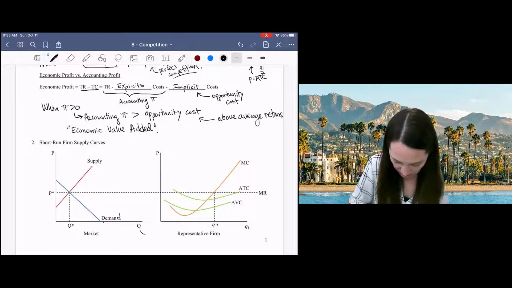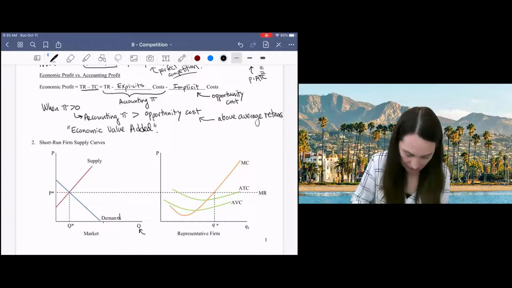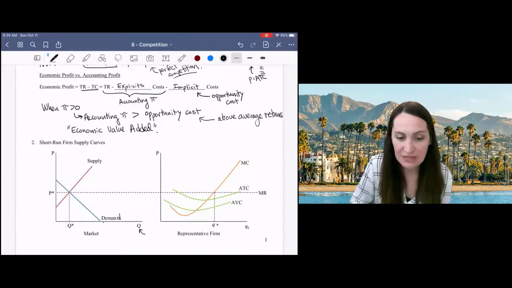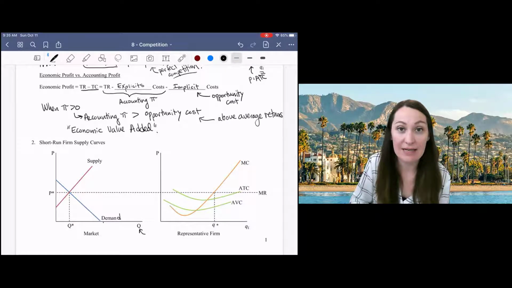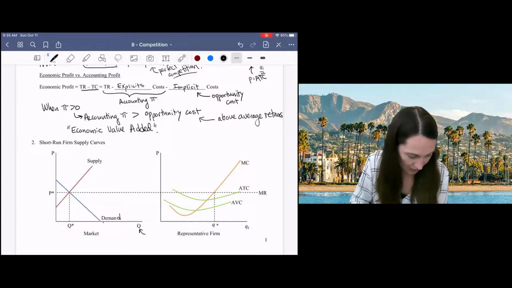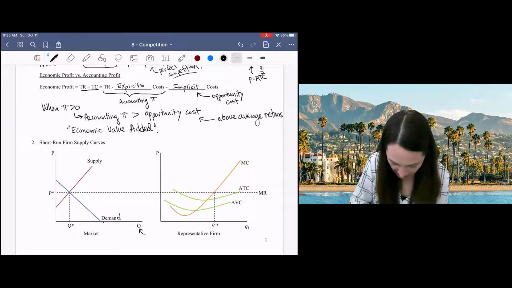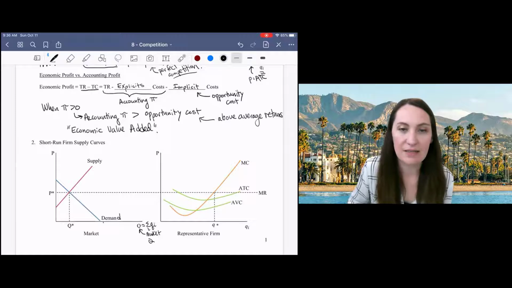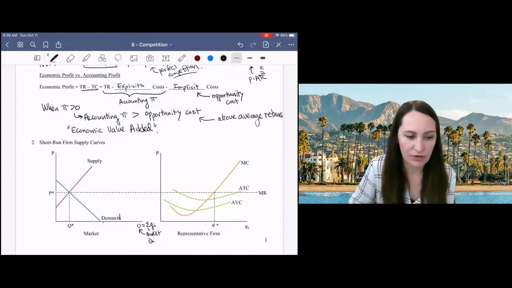And you can see we've used the big Q here to represent the quantity supplied and demanded in the market. And that big Q is going to be equal to the sum of all the individual quantities supplied by the individual firms.